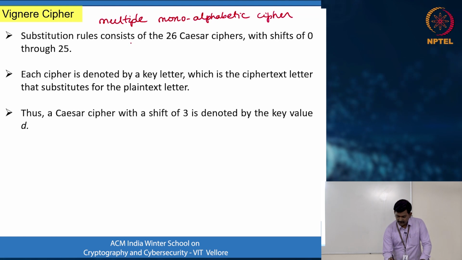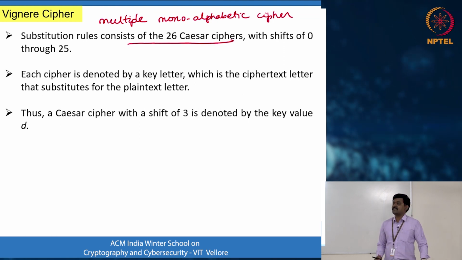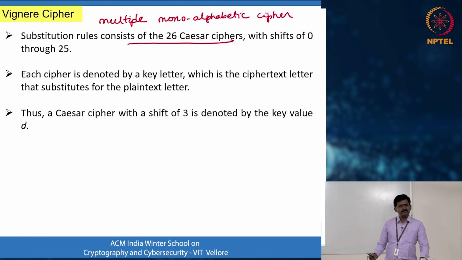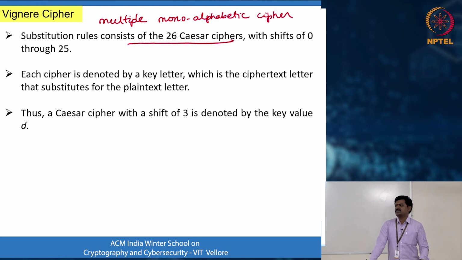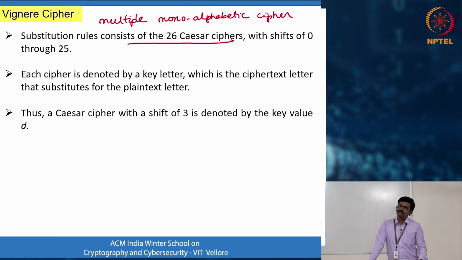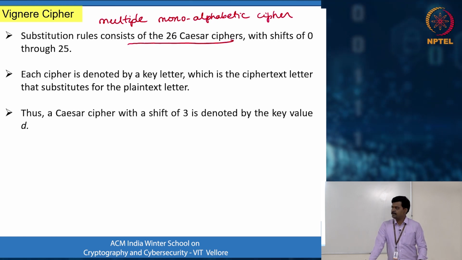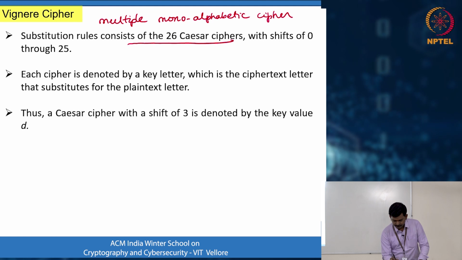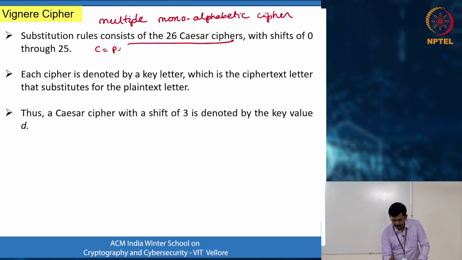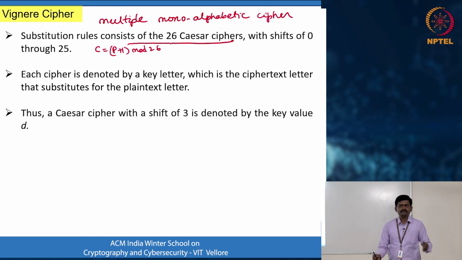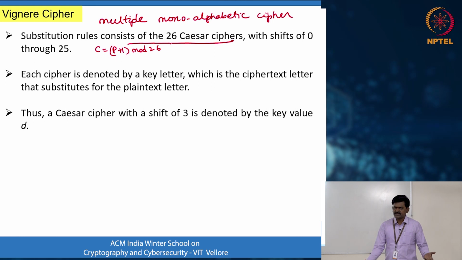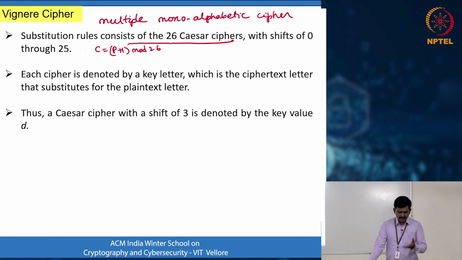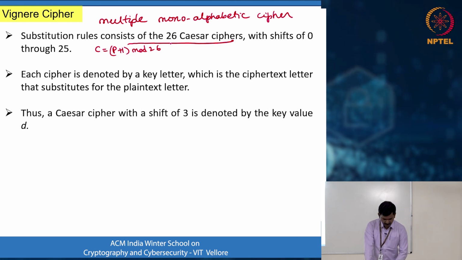It is doing 26 Caesar ciphers. Can you tell me what the 26 Caesar ciphers could be? Tell me the rule. C is equal to P plus 1 mod 26, then P plus 2, P plus 3, P plus 4. These are all multiple Caesar ciphers, right? That's what the Vigenere cipher is doing.